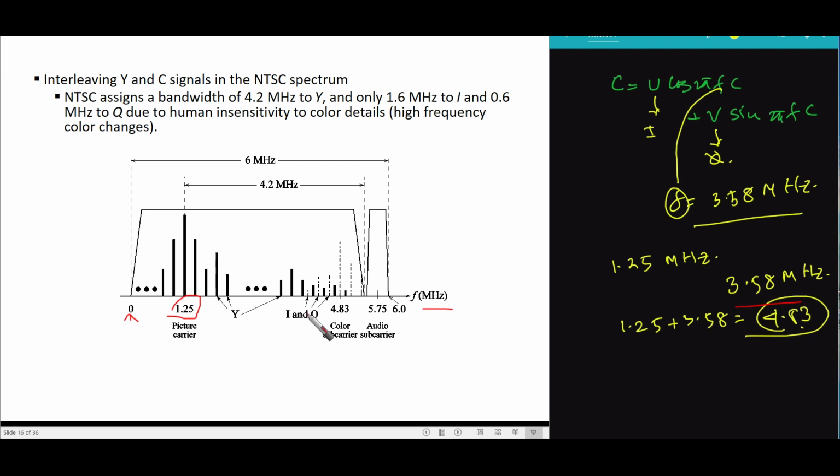So this 4.83 megahertz is basically our color subcarrier, and this is the bandwidth we need for our color information.